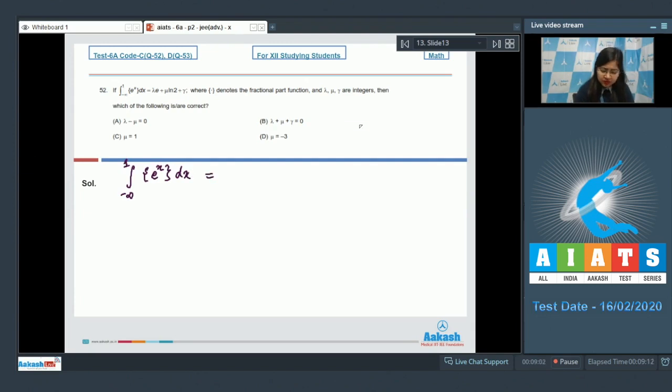See, let's make the graph of e raised to the power x. It is like this, where this point is 0, 1. So when x goes from minus infinity to 0, the value is less than 1. That is, it is between 0 to 1. So there we need not apply the fractional part. So this is equal to integral from minus infinity to 0 directly of e raised to the power x dx plus.